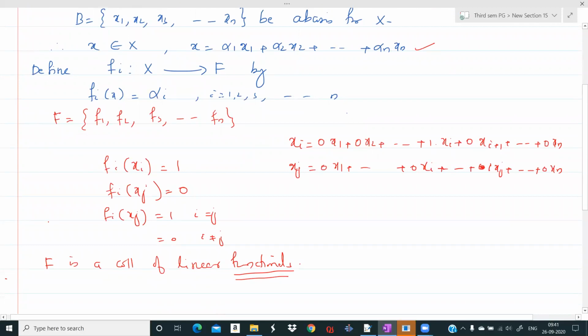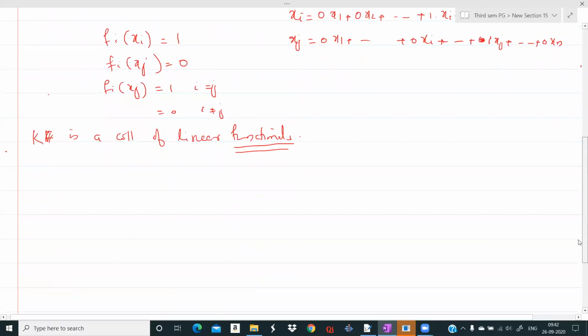Okay, so we will use another symbol for this. Let K be the set f1, f2, f3, etc., fn, and then K is a collection of functionals because they are functions from the vector space to the scalar field. Now we want to show that this is linear.